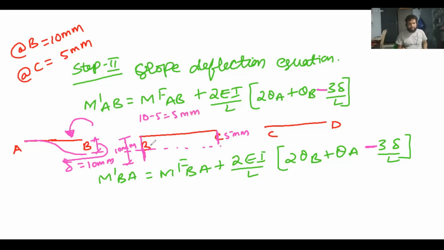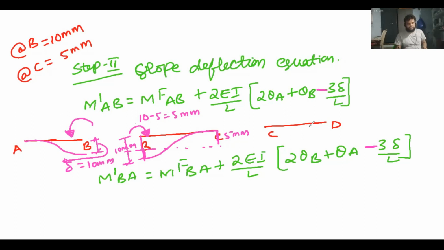This 5 mm is at B. Again, what type of moment is required? Clockwise moment in BC span. So in minus 3 delta by L, in the BC span we have to replace this minus with plus, the reason being it is a clockwise sinking of support.